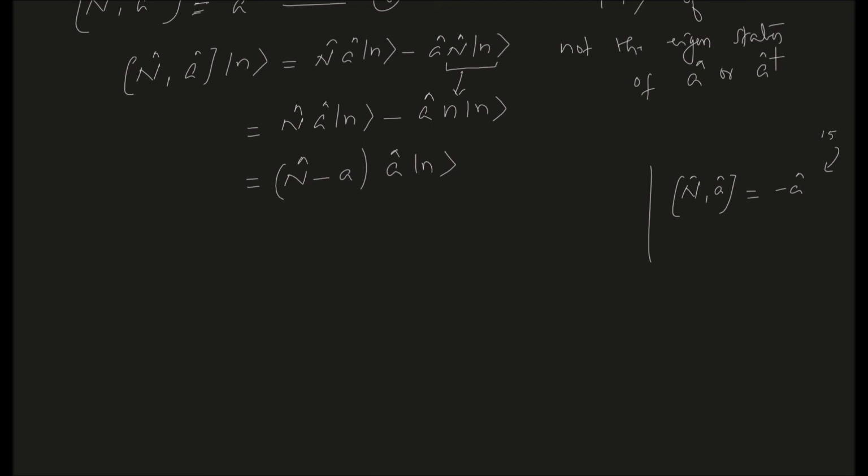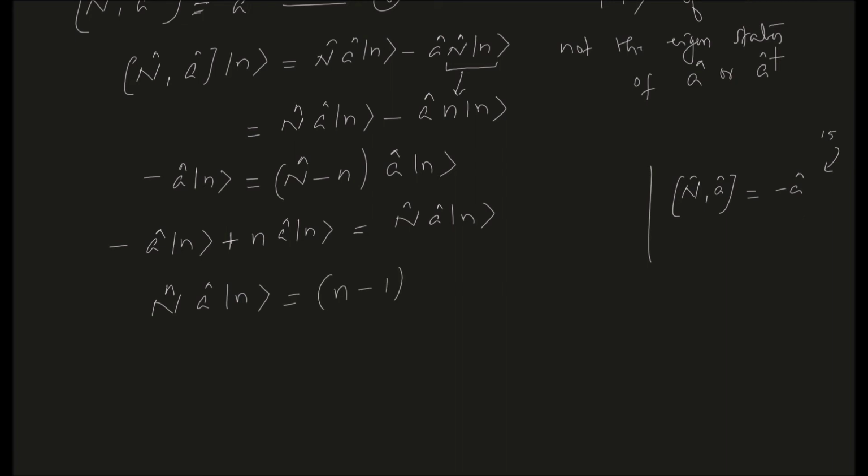On the left-hand side what we have is basically minus a N, or you can write minus aN, plus N aN, that is equal to, on the right-hand side, capital N aN, or you can write this as n aN, which is equal to (n minus 1) aN. So this is our equation number 17.